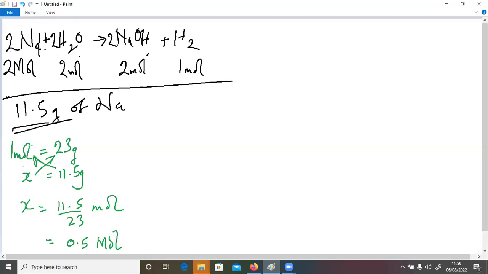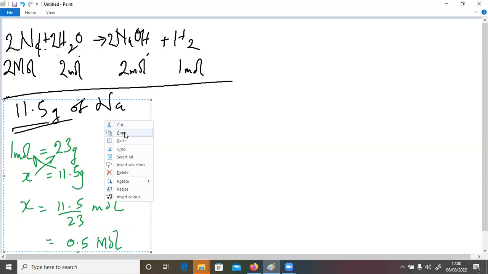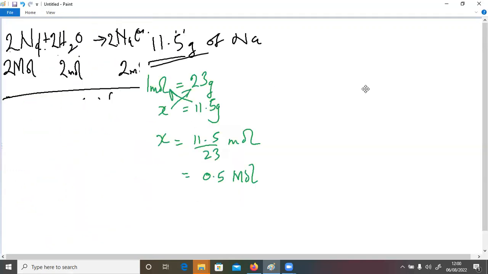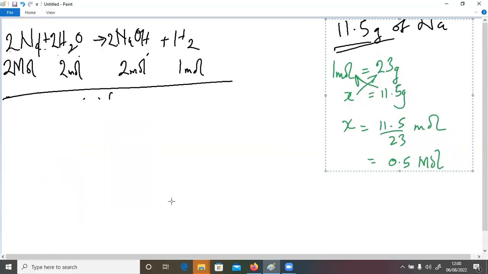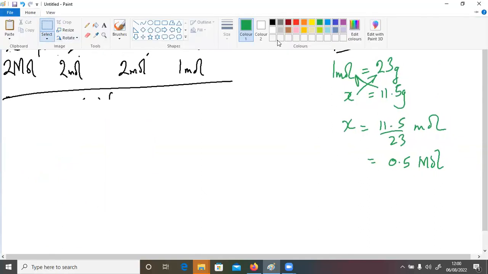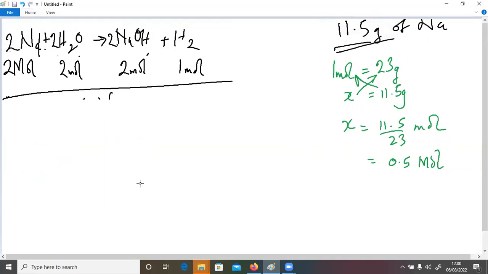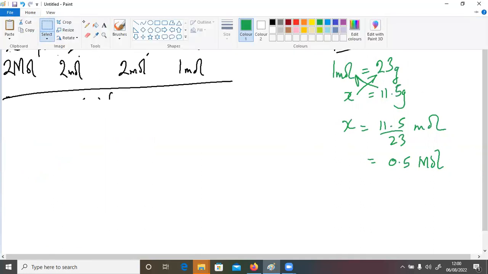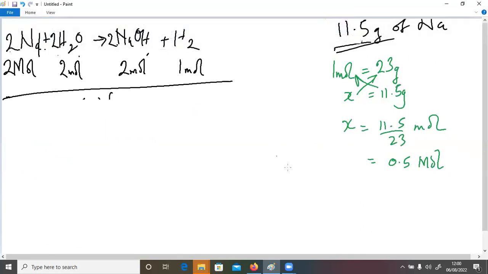So now 0.5 moles of sodium, this is what I have. I know that I have only 11.5 grams of sodium, and that is equivalent to 0.5 moles.